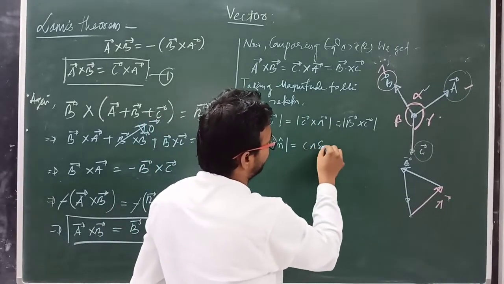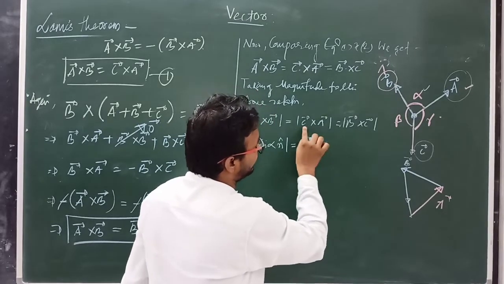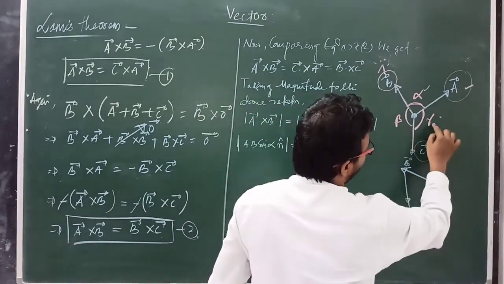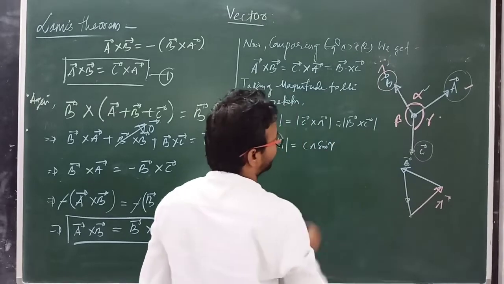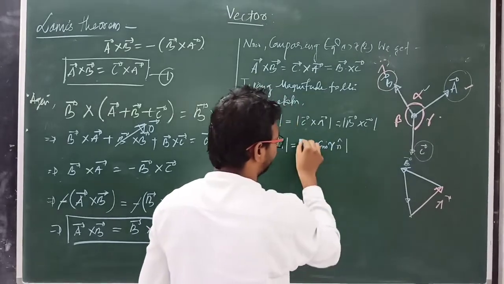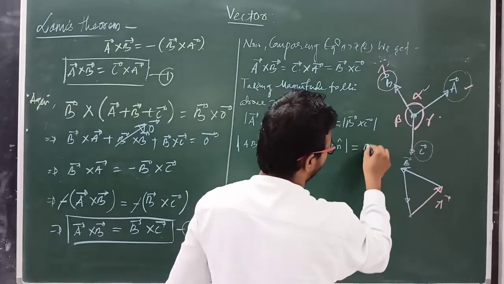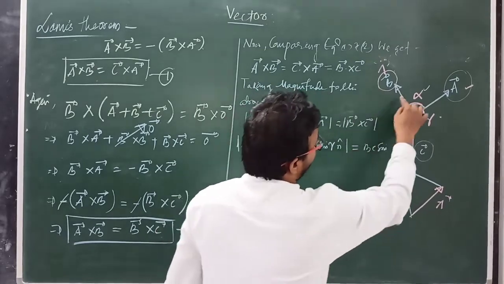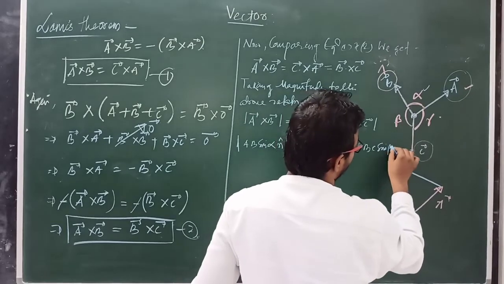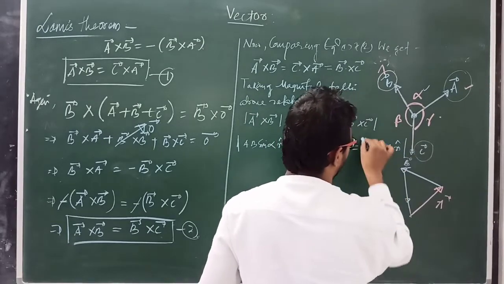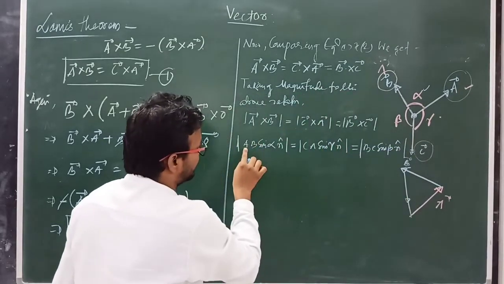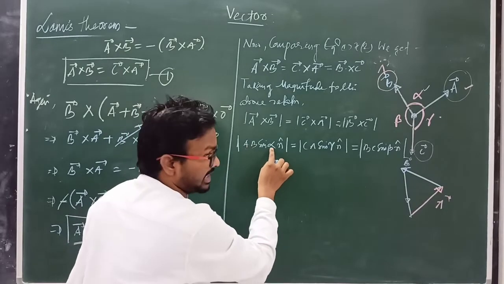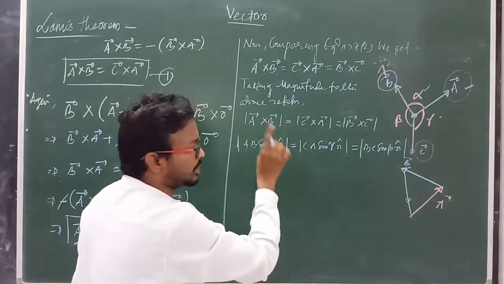Then CA sin theta, what is theta? The angle between C and A is gamma, so you write CA sin gamma n cap equal to BC sin, and the angle between B and C is beta, so this is BC sin beta n cap. Now this is a scalar quantity, and the magnitude of a unit vector is always 1.